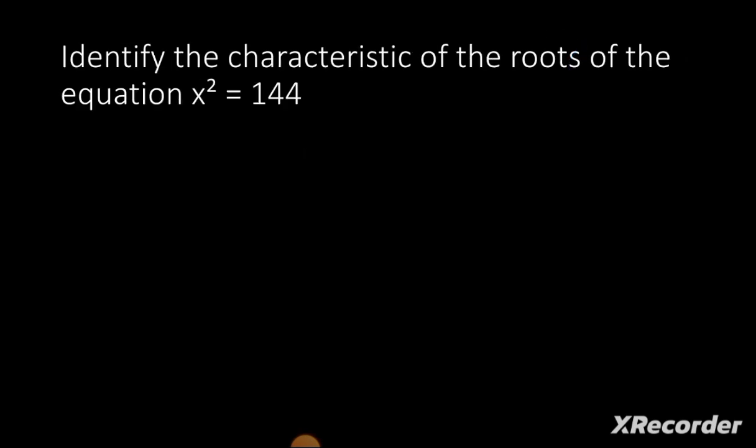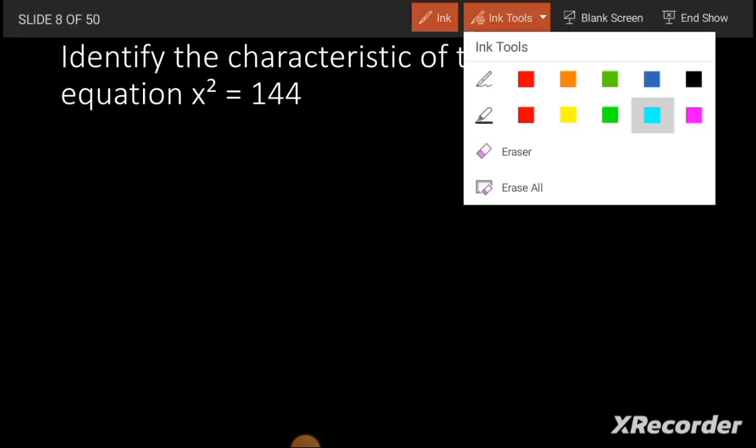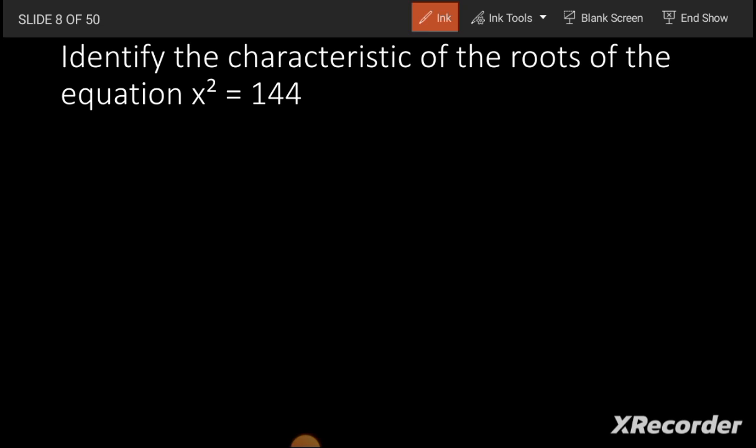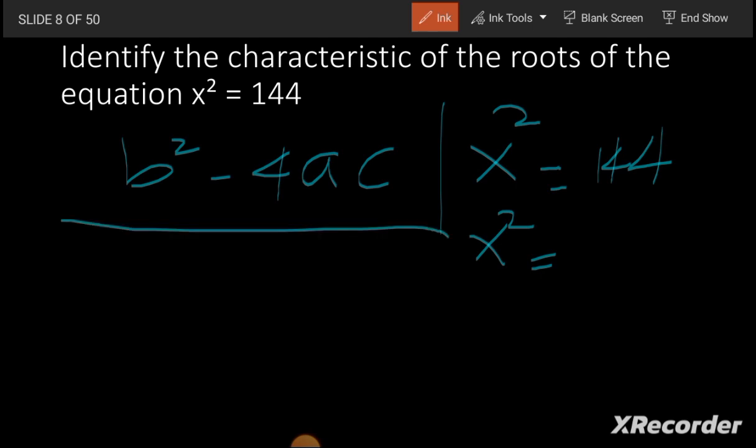Another one: identify the characteristic of the roots of the equation x squared equals 144. Using the discriminant b squared minus 4ac, we have to arrange our equation first in the general form of a quadratic equation.